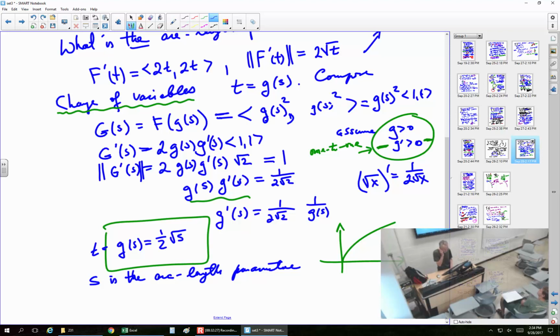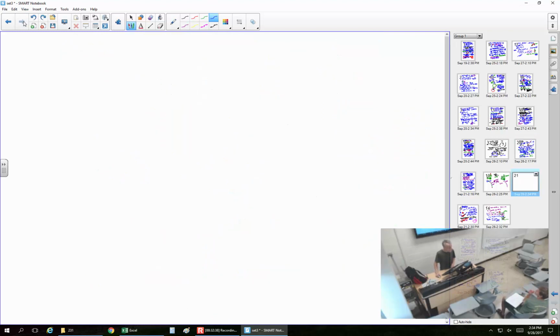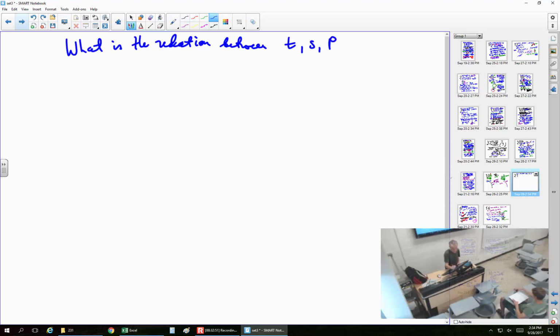well, another way to see it is simply to recognize the relation between the three quantities. So what is the relation between the t, s, and p?